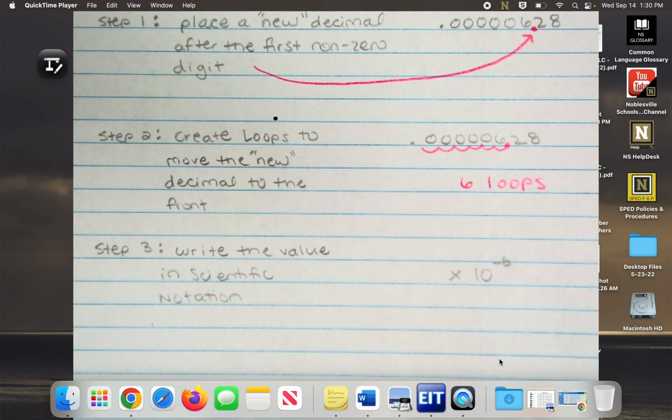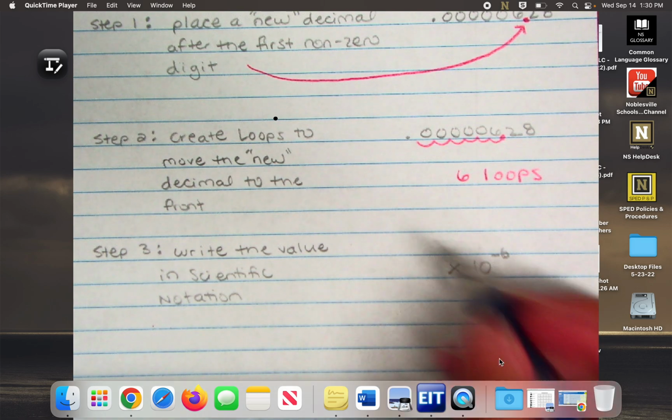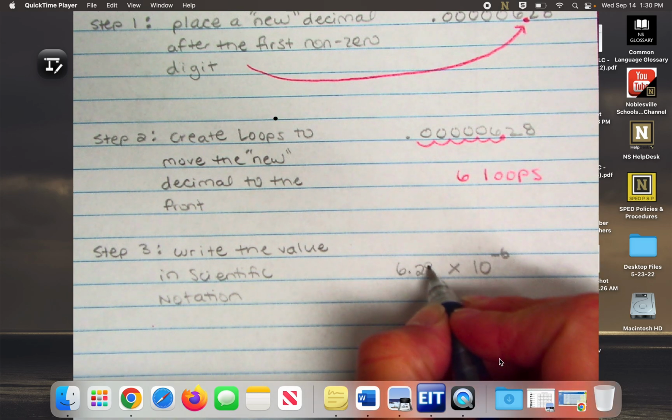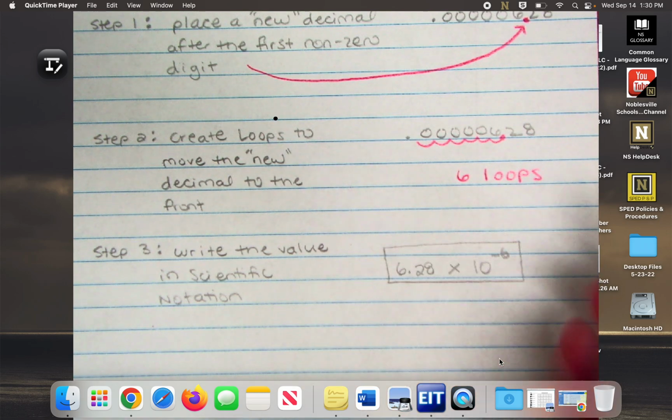And on a number line, the values to the left are negative, negative exponent. Values to the right are positive, positive exponent. So what will I have here in front of the times 10 to the negative 6? Emma? 6.2. Yep. And that is the number written in scientific notation.